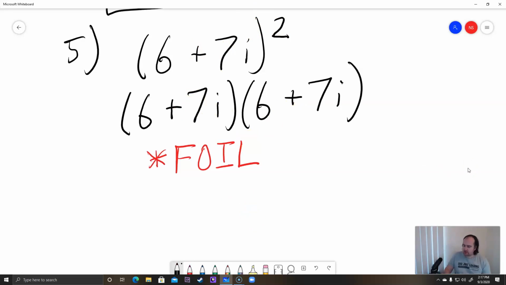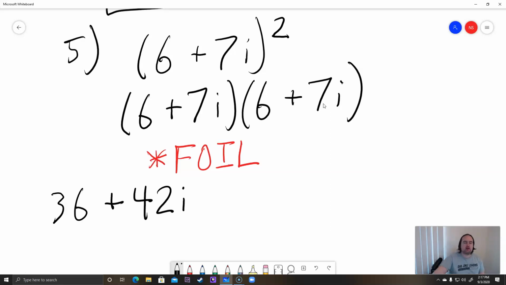Okay, so using FOIL here, the first is going to be 6 times 6 is 36. The outer is going to be 6 times 7i, which is 42i. So we have plus 42i. The inner is going to be 7i times 6, which is also plus 42i.